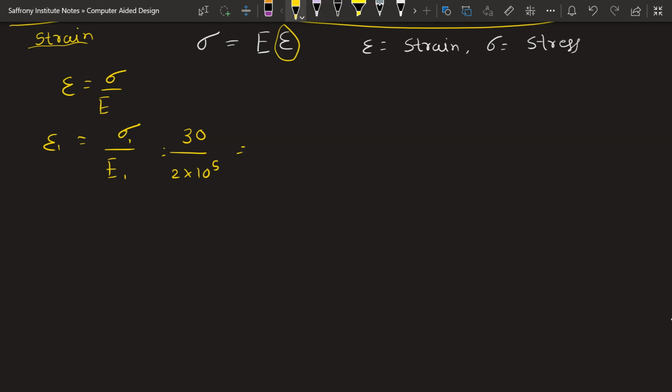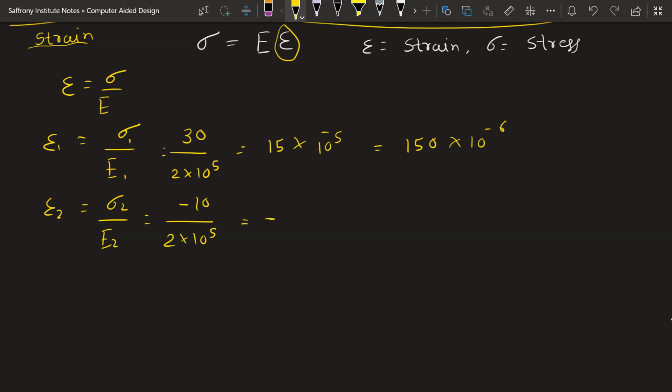So the answer should be 15 into 10 raised to minus 5, but for simplification I'll write 150 into 10 raised to minus 6. Similarly, epsilon 2 is sigma 2 by E, which is minus 10 divided by 2 into 10 raised to 5. So the answer should be minus 50 into 10 raised to minus 6.